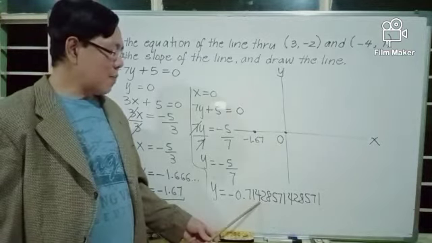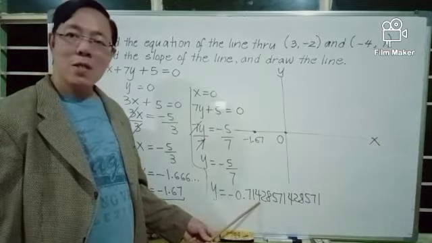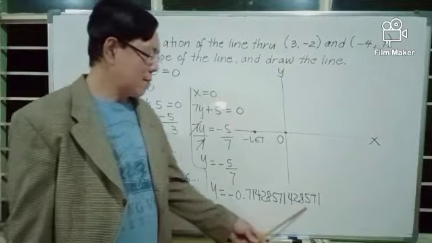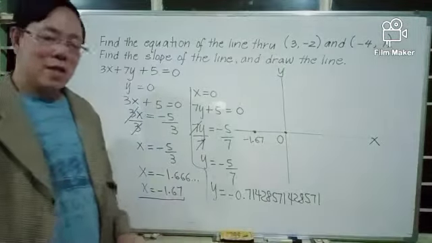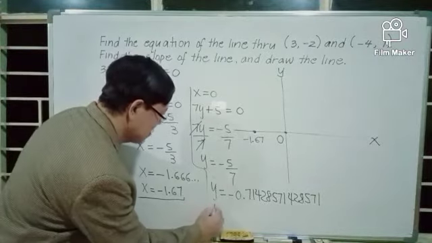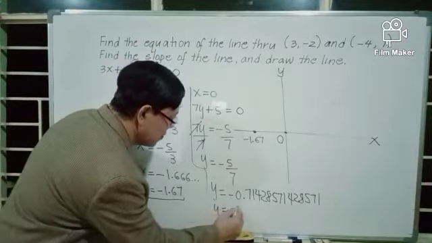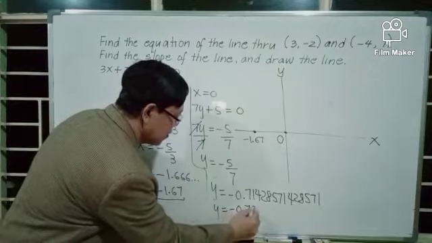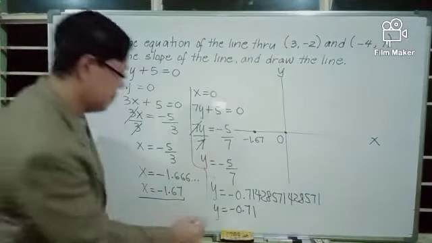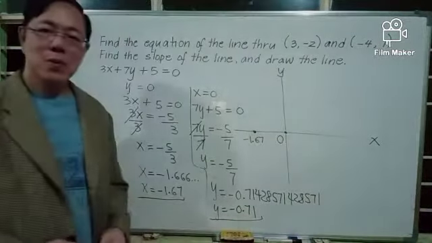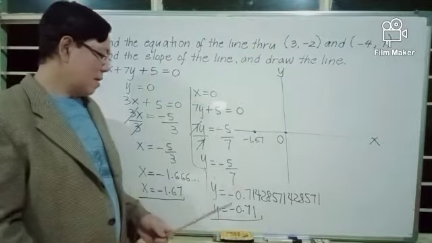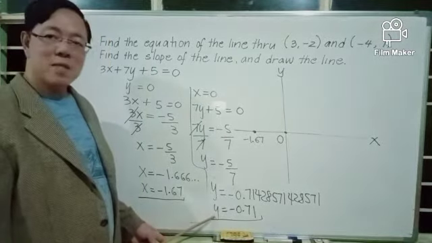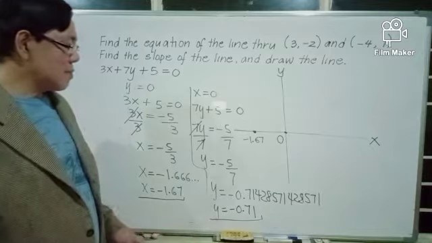And we drop 4 and all the digits to its right. Hence, y equals negative 0.71 to 2 decimal places. And we plot this point in the y-axis.